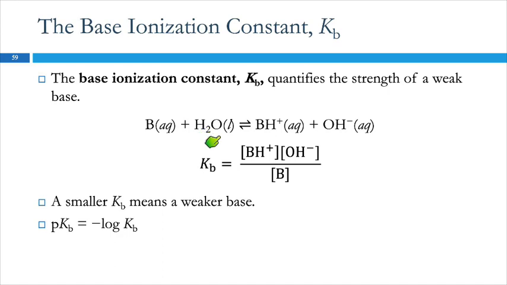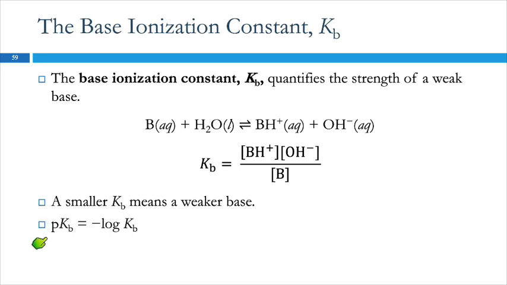Water is a liquid, and so it does not show up in the equilibrium constant expression. So we've got BH+ concentration times hydroxide ion concentration divided by the base concentration. Smaller Kb means a weaker base. So larger means a stronger base.